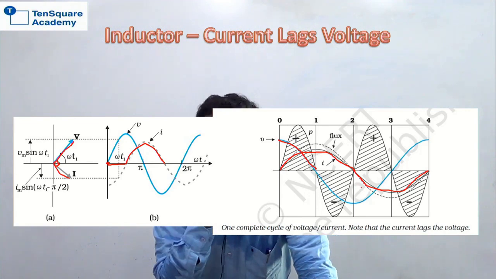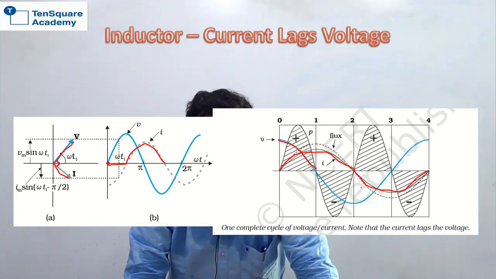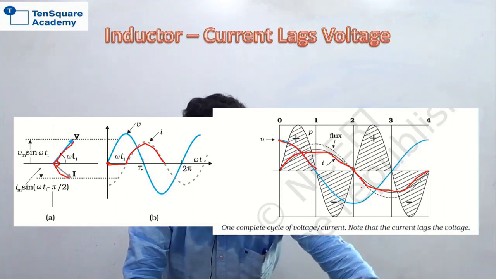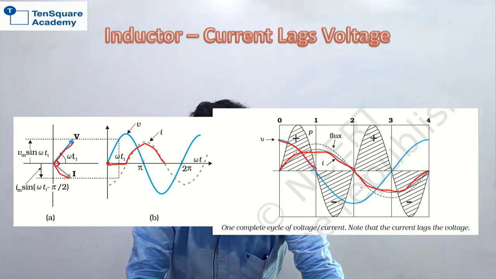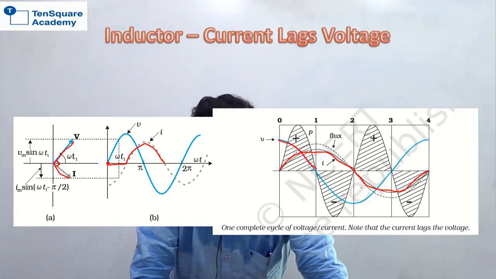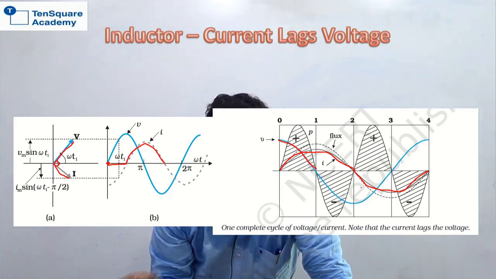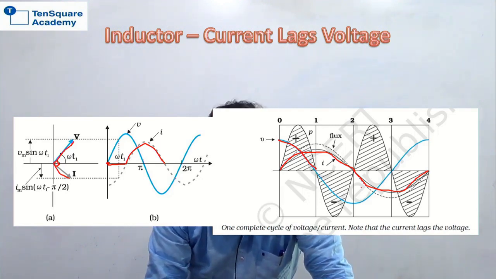This is something we need to know, because in exams they will give this graph and ask us to identify which is the voltage graph and which is the current graph. So, the one which completes one full cycle in the given time period is the current graph, and the power graph will be completing 2 cycles in the same time duration.